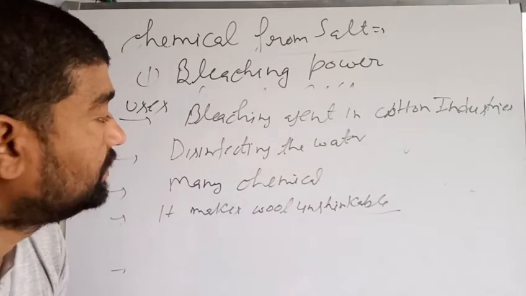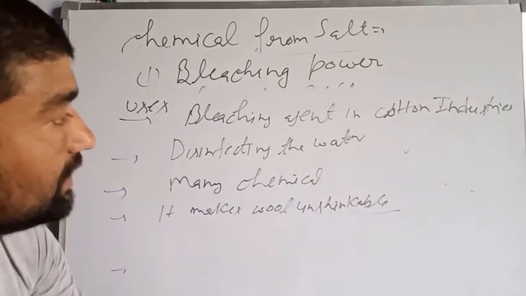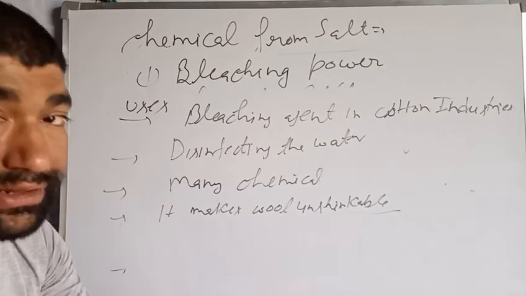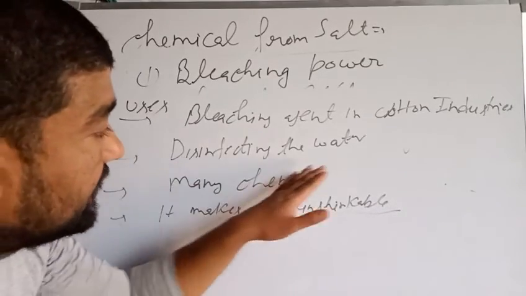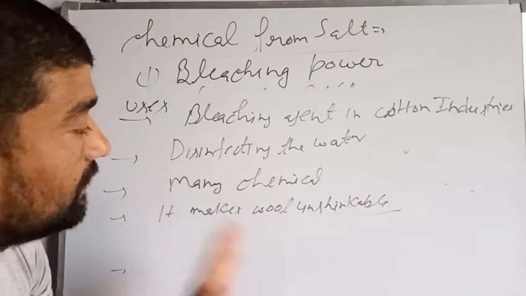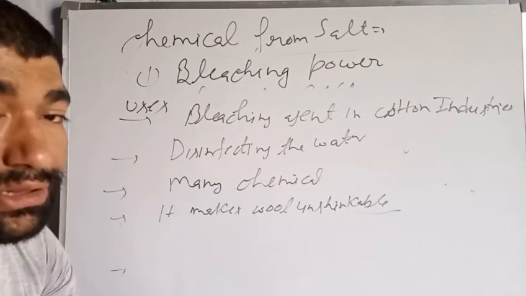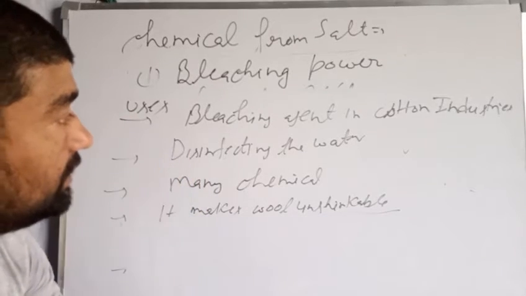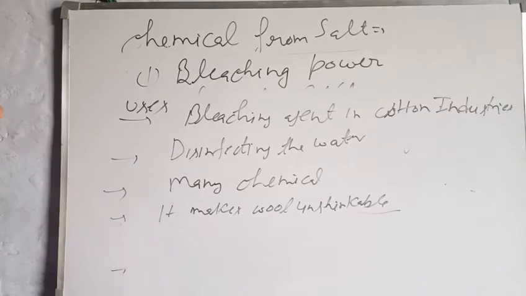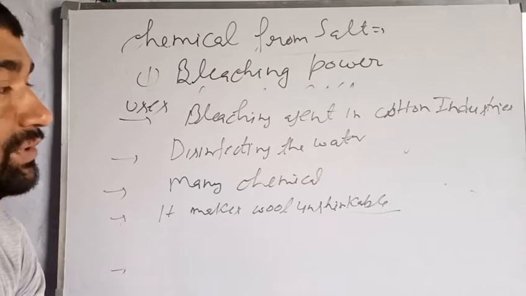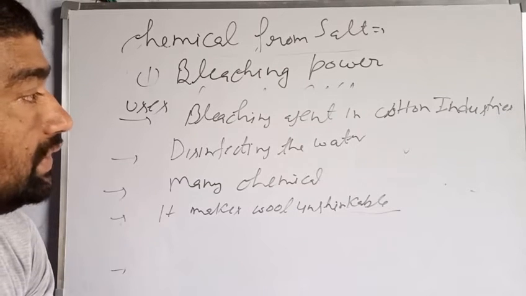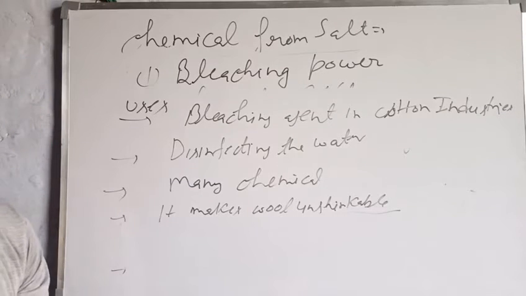So these are the uses: bleaching agent in the cotton industry, or rather the textile industry, disinfecting the water, many chemical formations, and it makes wool unshrinkable. I'm sure this point is very clear to you, but if you have any doubt, you are most welcome in the comment section.